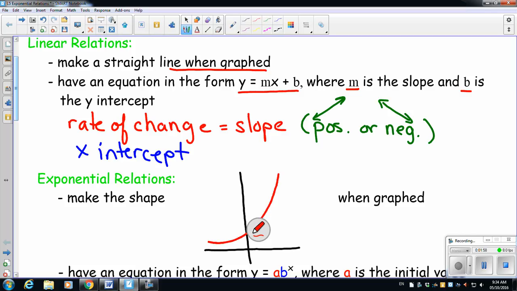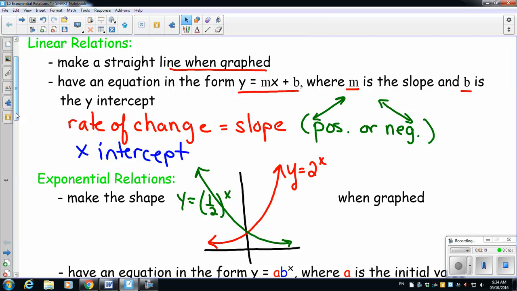It's going to curve up if it has a base that's greater than 1, and it's going to curve down if it has a base that is a fraction. So those are the basic shapes for your exponential graph when you have an x in the exponent.